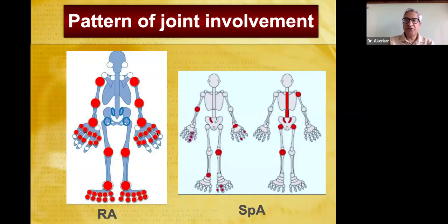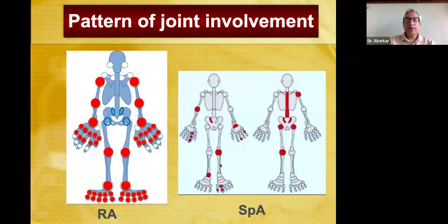Now, how do we differentiate? This is the typical pattern of presentation of rheumatoid arthritis: bilaterally symmetrical, small as well as large joints. When it comes to SpA, if you just look at the peripheral joints, forget about the axial skeleton, as against rheumatoid, what this involves is asymmetric joint involvement, large joints more than the small joints.